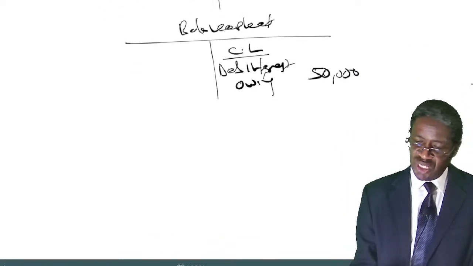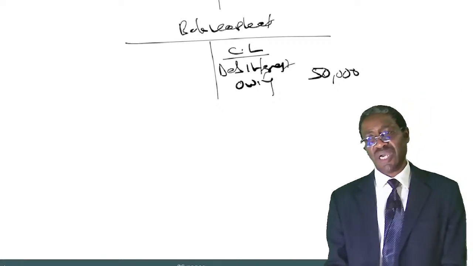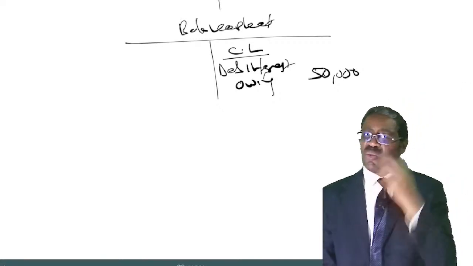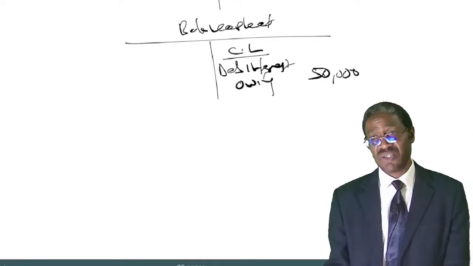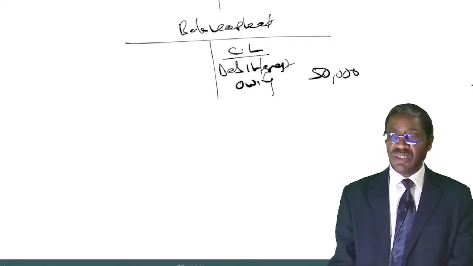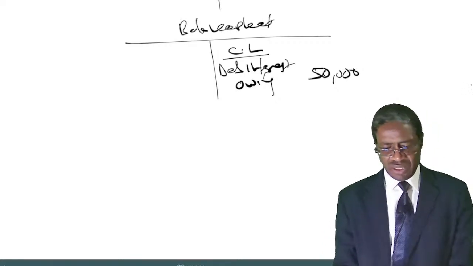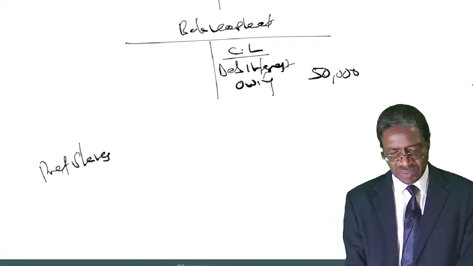Now listen to this. Again, it's not something new. Whenever a company wants to raise finances, one source of finance is that the company can issue what we call preference shares.